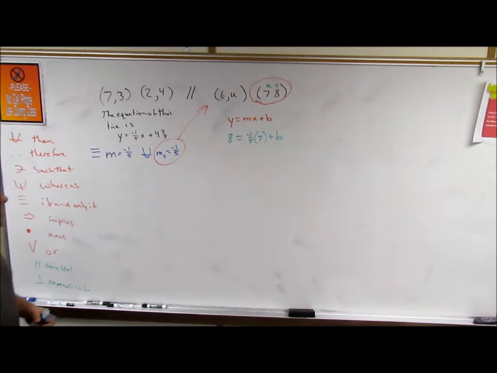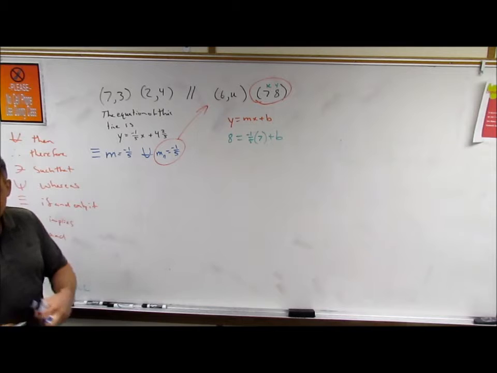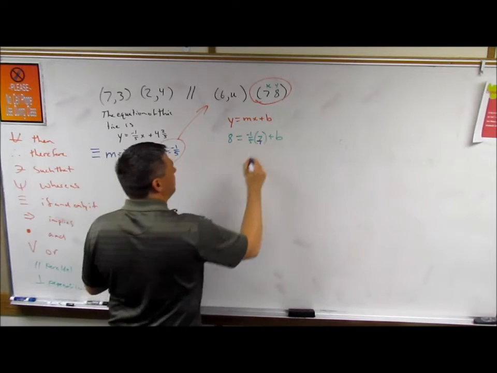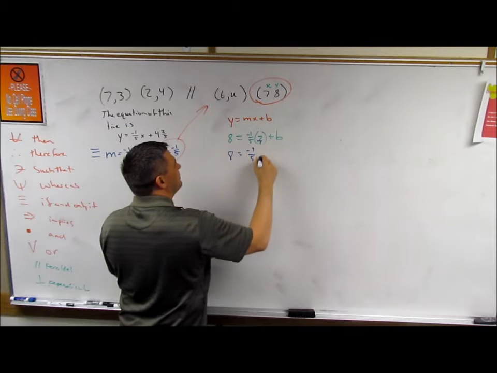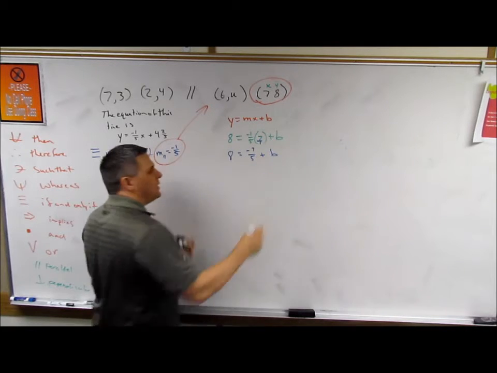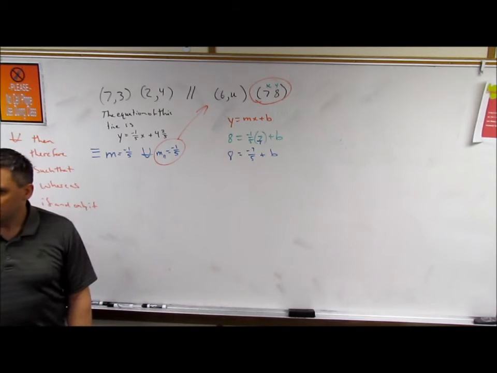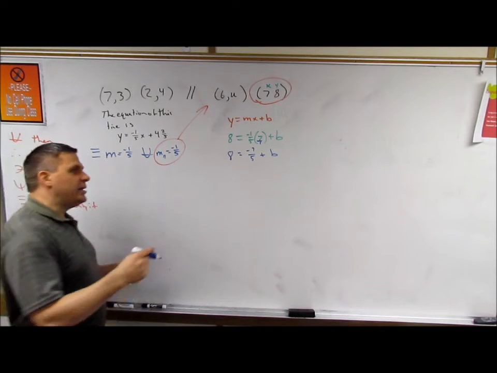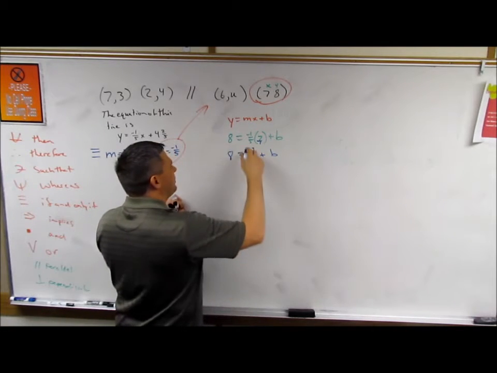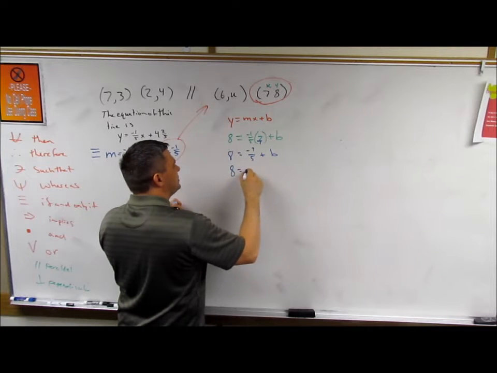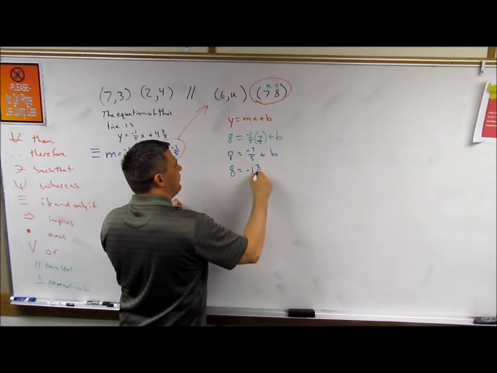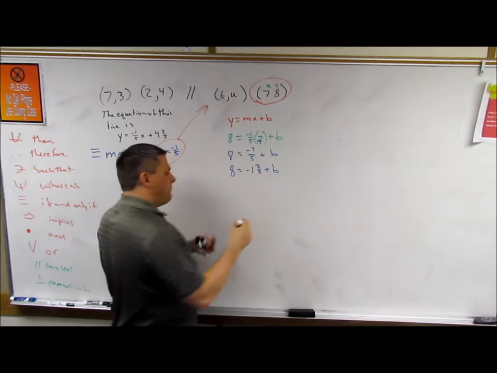Okay? So, what is it? Well, this is really 7 over 1. So I have 8 equals negative 7 over 5 plus b. So I add 7/5 to both sides. But remember, this is really 8 equals negative 1 2/5 plus b.